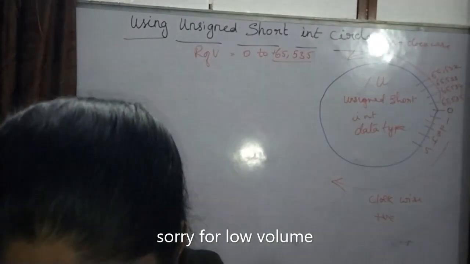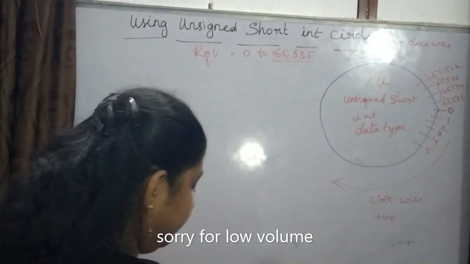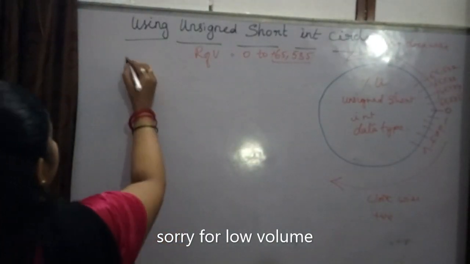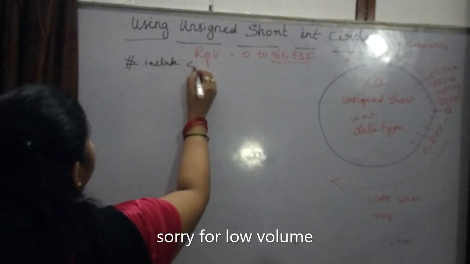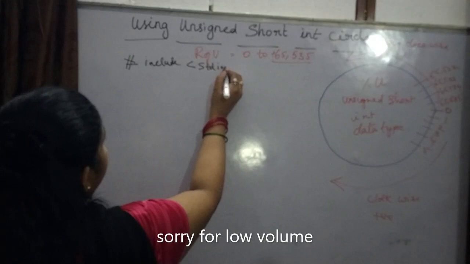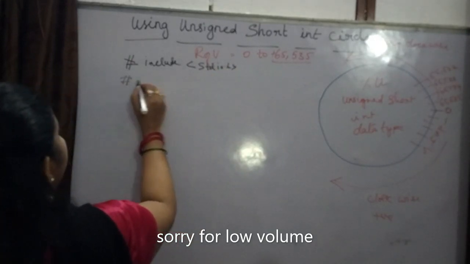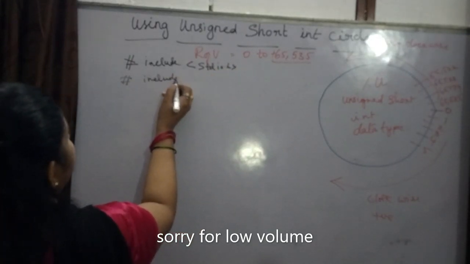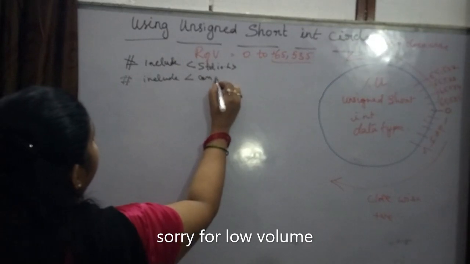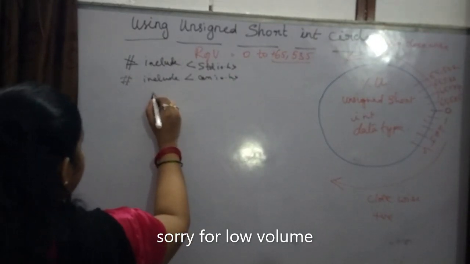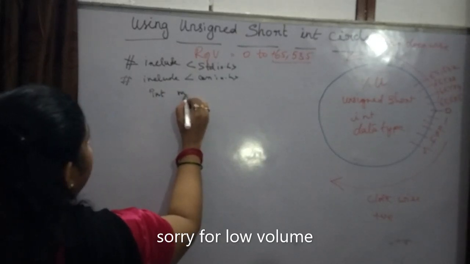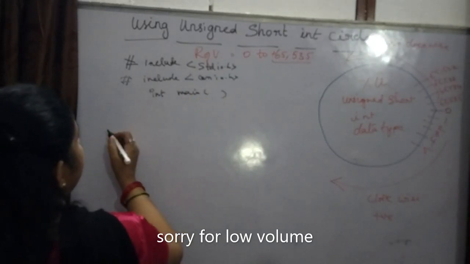Now for this again I'll be writing a small program. All these things you know: #include <stdio.h>, #include <conio.h>. Now here I will begin the program. int main, right?